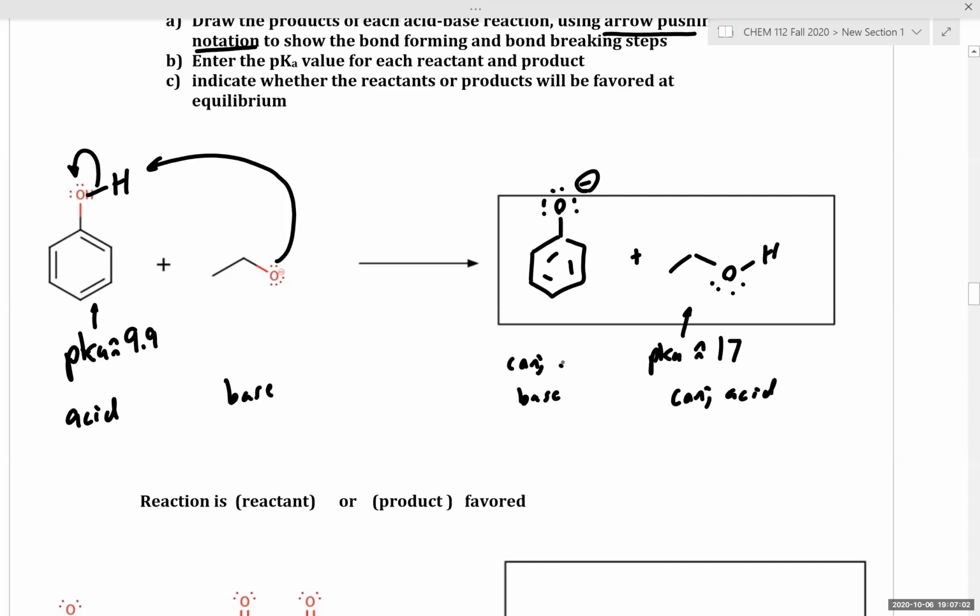Now, as we see, the phenol conjugate base is more stable than our parent alkoxide base, so this reaction would be product favored. Does this first example make sense? Any questions on this first example?